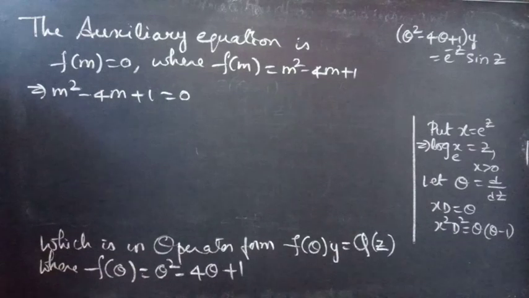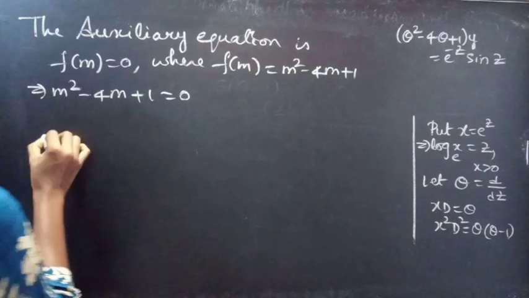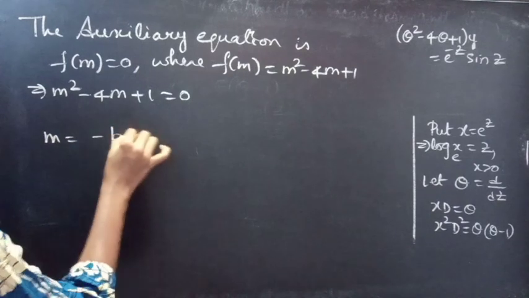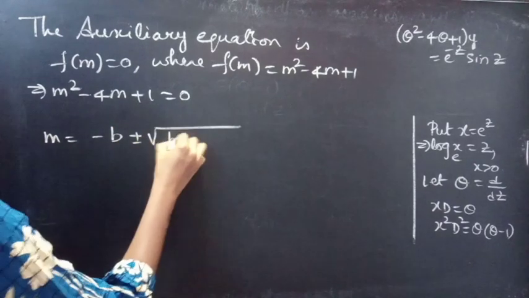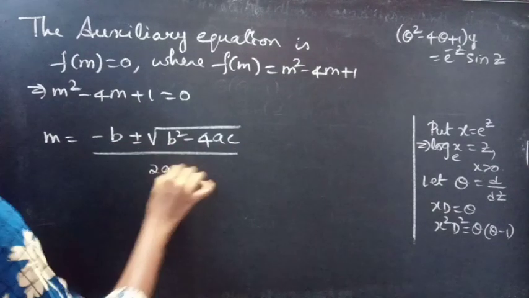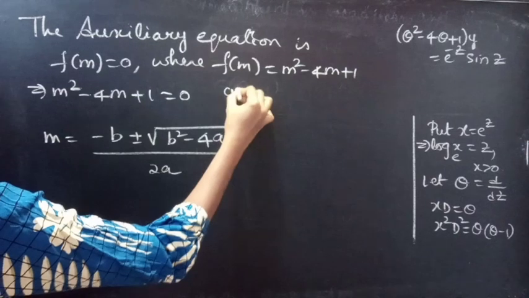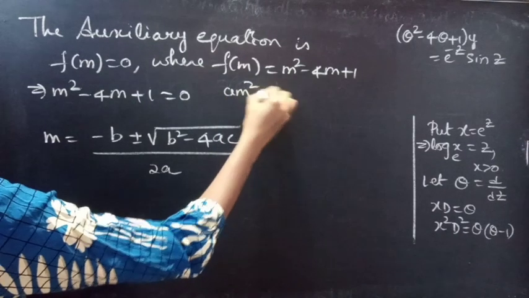Now we need to find the roots. Let's find roots using quadratic formula. m equals to minus b plus or minus square root of b square minus 4ac by 2a. Now compare this equation with quadratic equation in m.